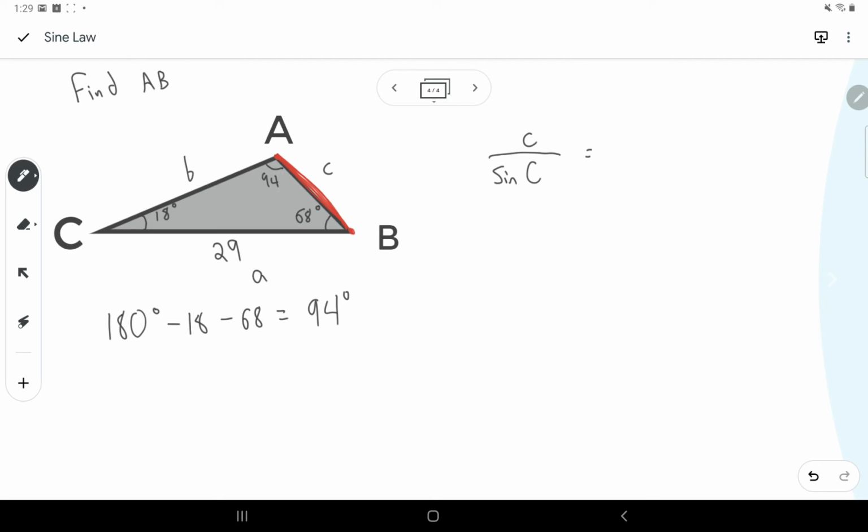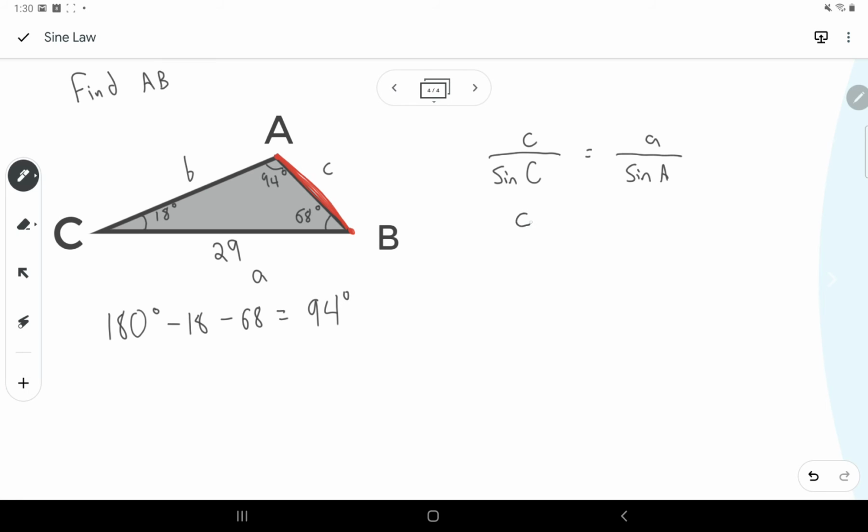Okay, so just a little extra step here. You don't always have to do that one, depends on what you're given, but that's a very common step you might have to do. Now we look at it again. A is now a complete pair since we have the angle and the side, so we'll use a over sine of A. From here it's a pretty standard sine law question. We fill in all the things that we know.